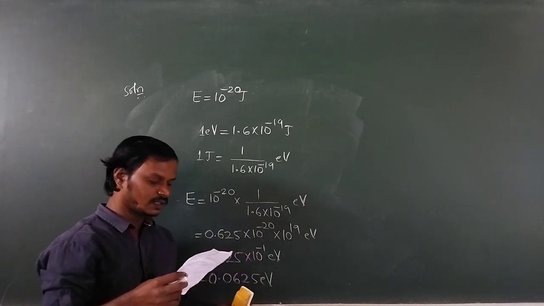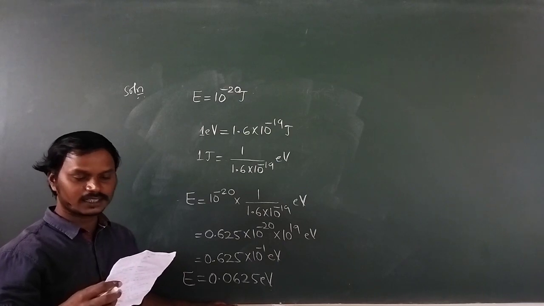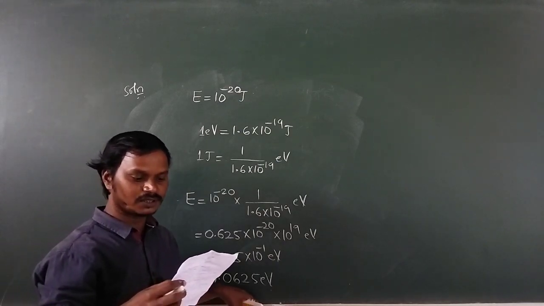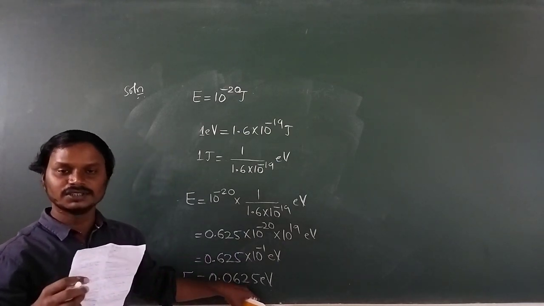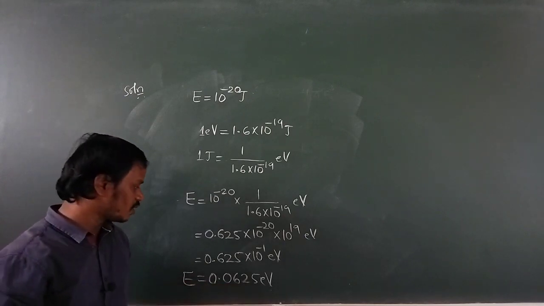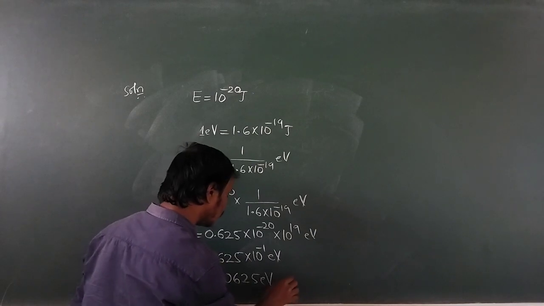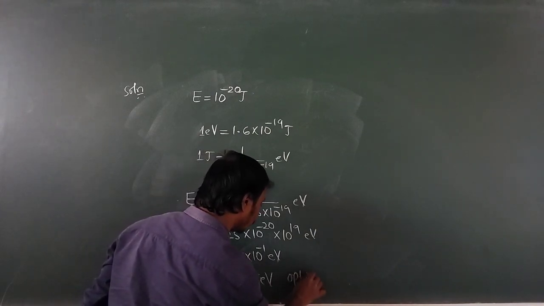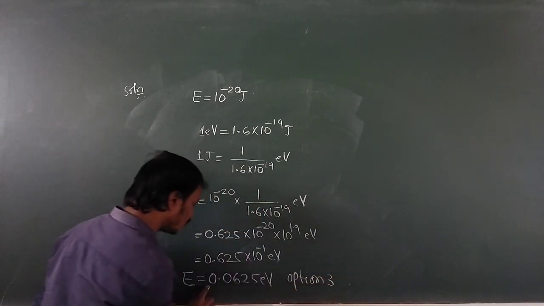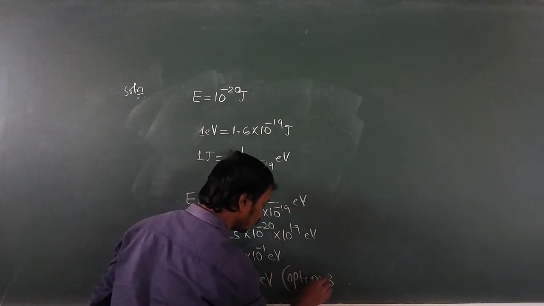So options given: first option 6, second option 0.6, third option 0.06 and last option 0.006. So which is the correct one? Option C, means option 3 is correct, because option 3 is 0.06. Option 3 is correct.